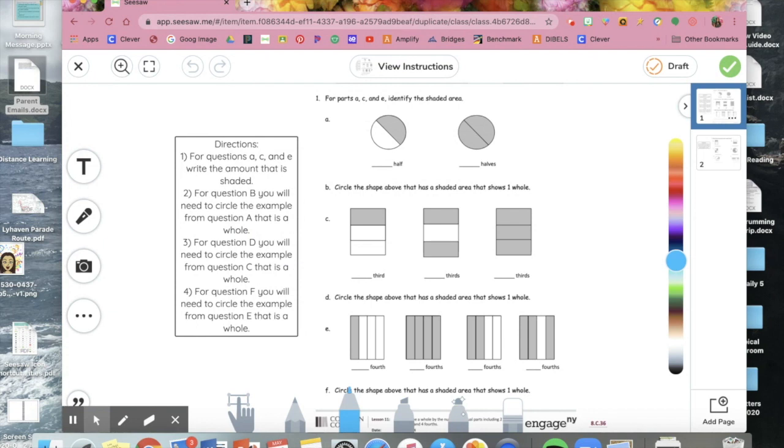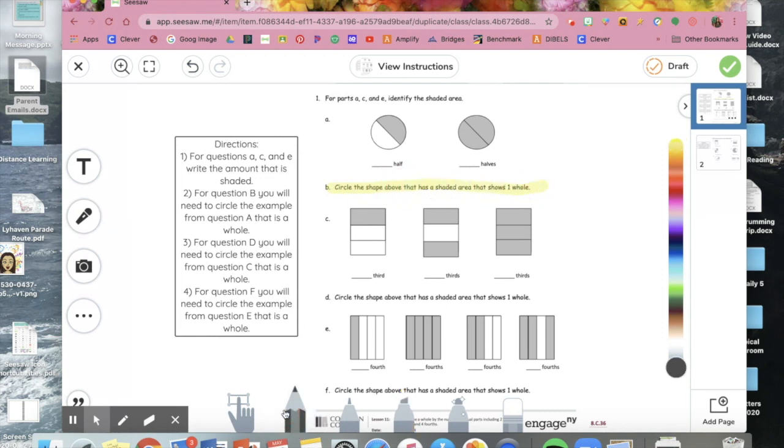So once again, you are going to identify the shaded area on question 1A. So you're just writing how many parts are shaded. I would use the pencil tool to just fill in that blank. Then, don't forget this part, you need to circle the shape above that has shaded 1 whole.